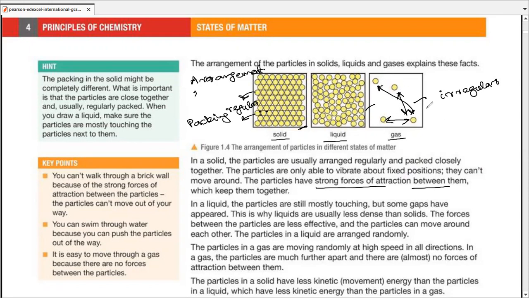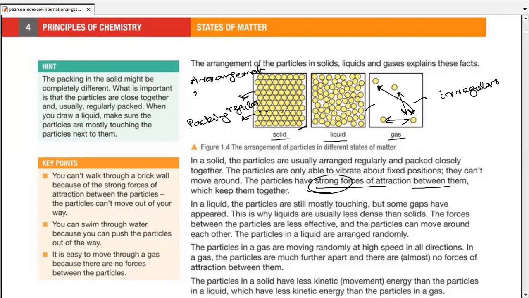Remember, any two bodies having mass in this universe can attract one another, all right? So if they're too close, the forces would be strong. If they're too far away, the forces of attraction would be too weak. This is a simple general principle that we teach in physics and further extended in chemistry.